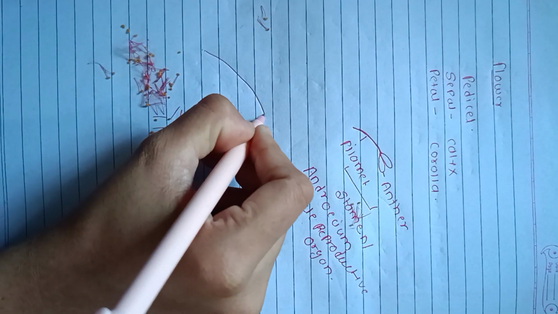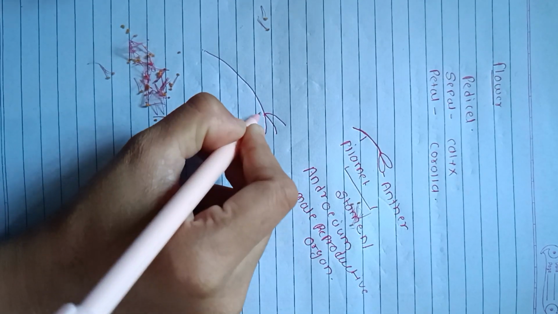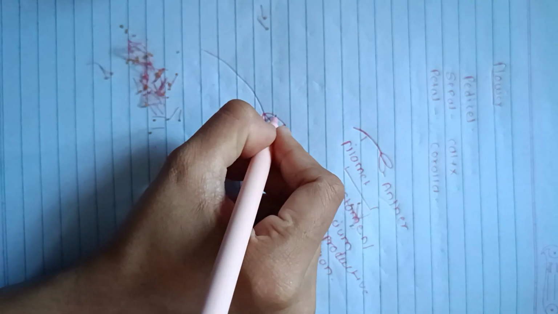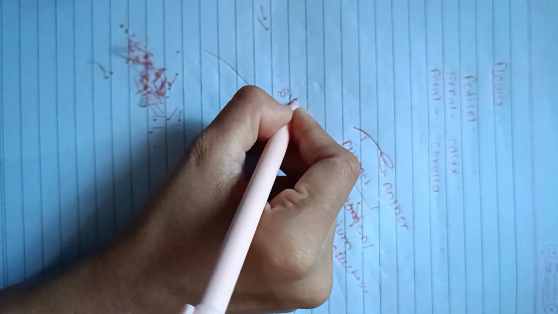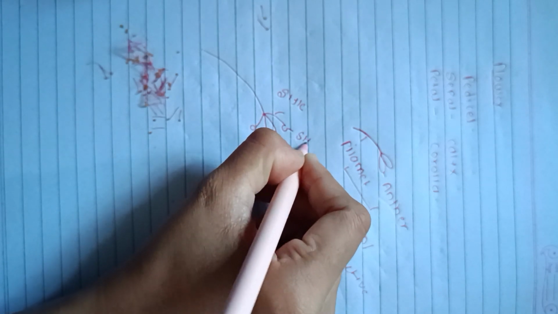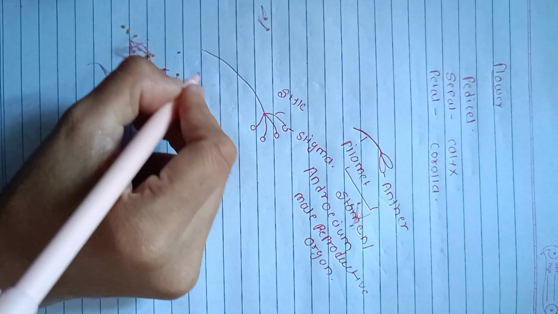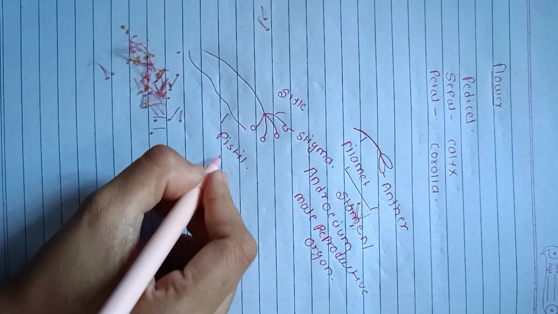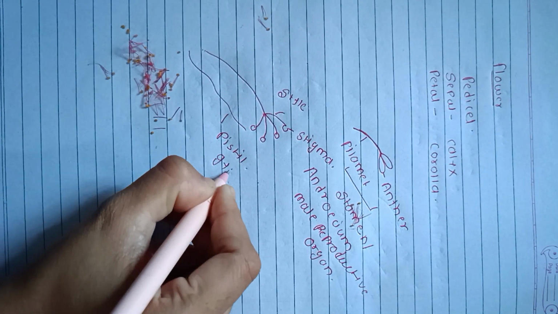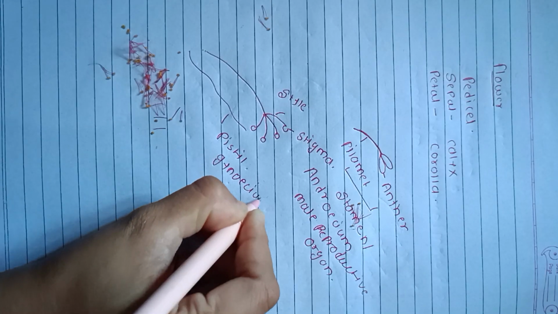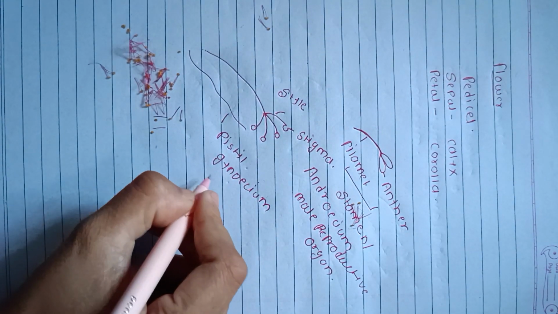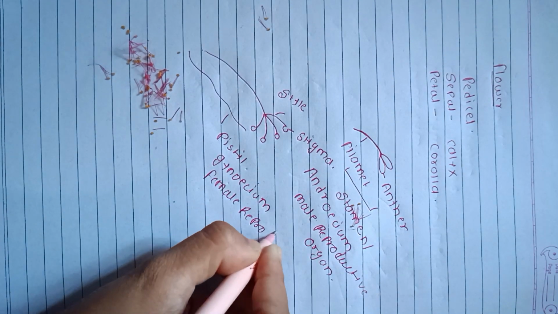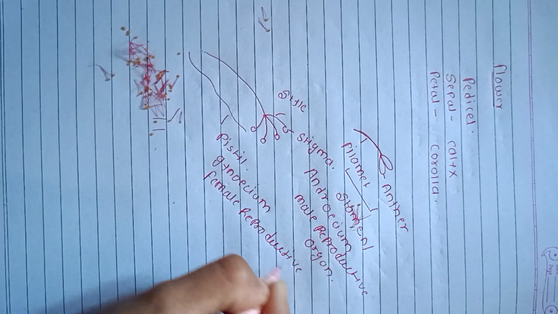I'm drawing the structure like this. This is the style, this is the stigma, and this whole structure is known as the pistil. The pistil is called the gynoecium, and this structure is the female reproductive organ.